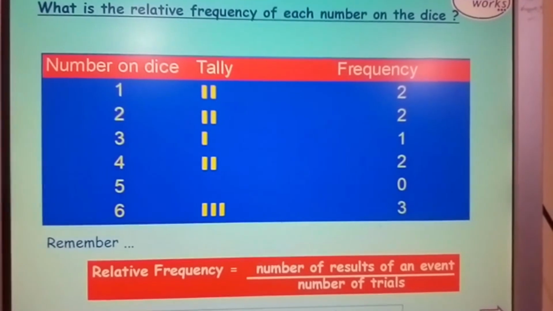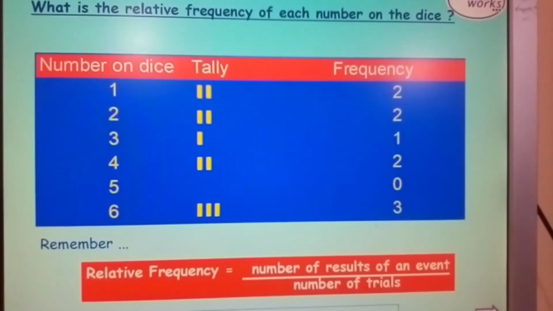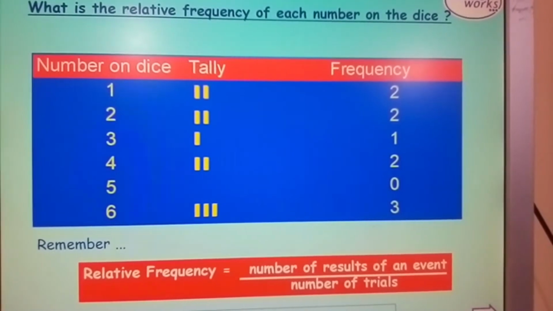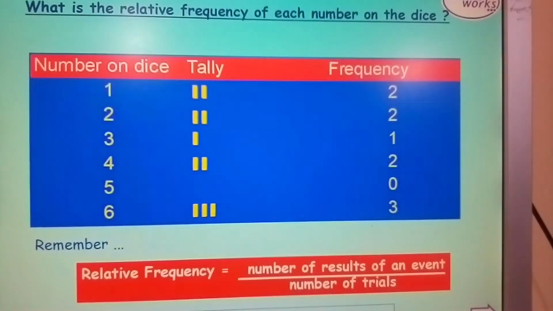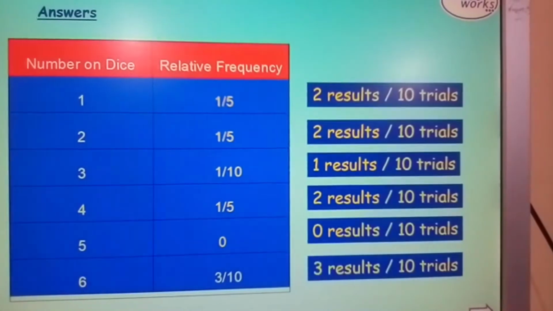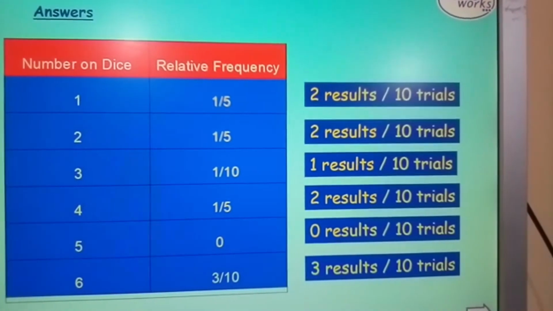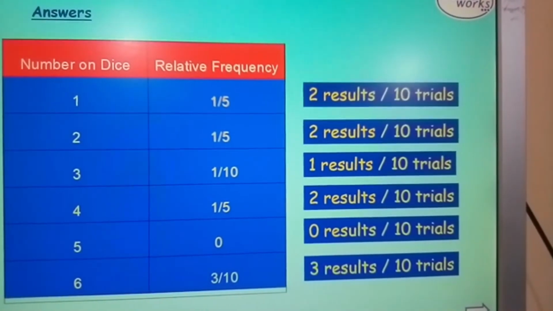Okay, number of results of an event, and we have 10 trials. So this would be correct. Okay, the results 2 divided by 10.